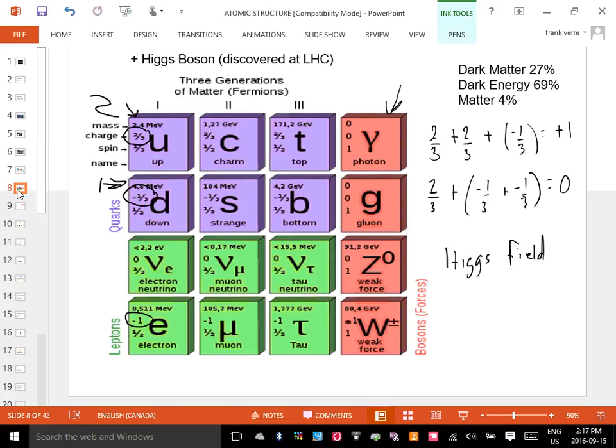And there's almost 70% of the universe which is called dark energy. And this was discovered because you guys have heard of the Big Bang theory. The idea that the universe started off as a little point and exploded. And people thought that eventually everything would come back in the big crunch. But then it was discovered that the universe is actually accelerating away.